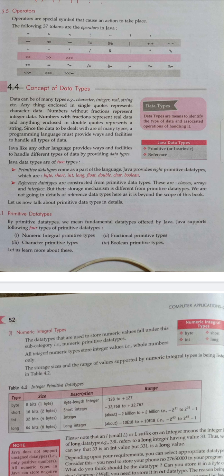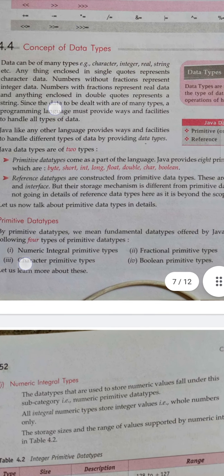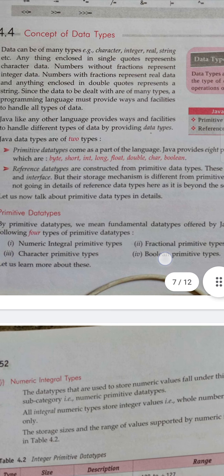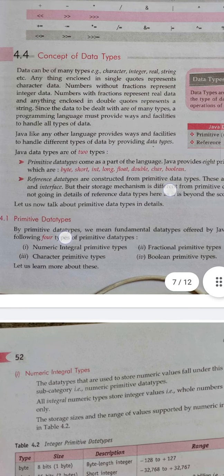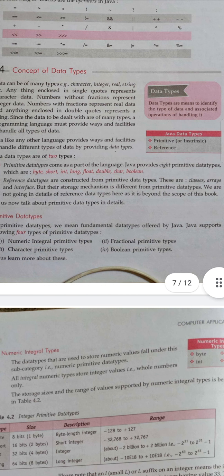Generally there are two types of data type. One is known as primitive and the other is known as reference. Primitive is also known as fundamental data type. What do we mean by fundamental? They are self-dependent, not dependent on others.